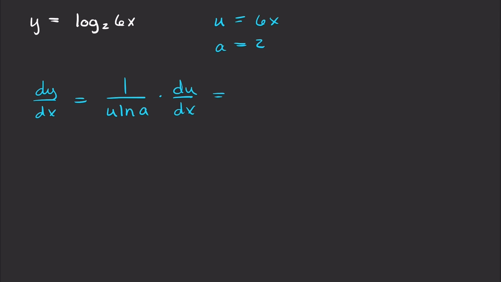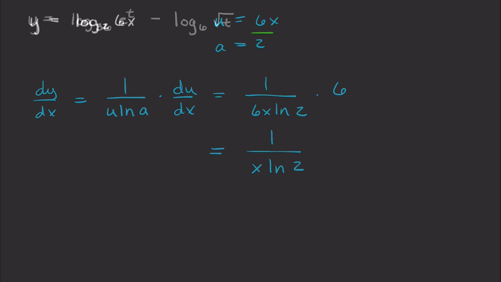If we plug that in, we have 1 over our u, which is 6x, times the natural log of a, which for us is 2, times du dx, which is just 6. When we simplify this, our 6's cancel, and we have 1 over x times the natural log of 2.